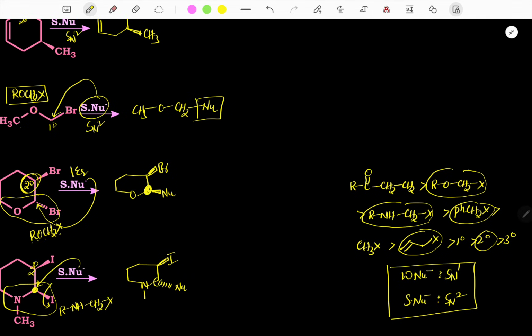So in this case also, this carbon is more reactive for SN2. So two positions are in competition. If two leaving groups are competing, please compare the rate of reaction. Based on the rate of reaction order, you can take the answer. In the case of SN2, the question should be answered according to this order.